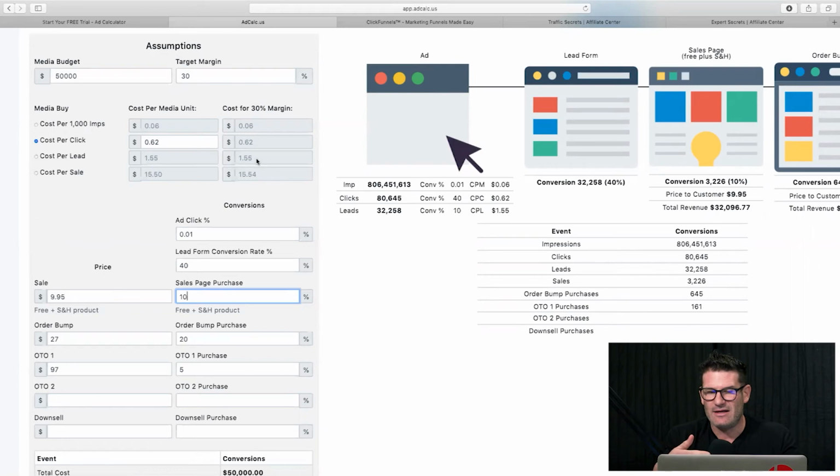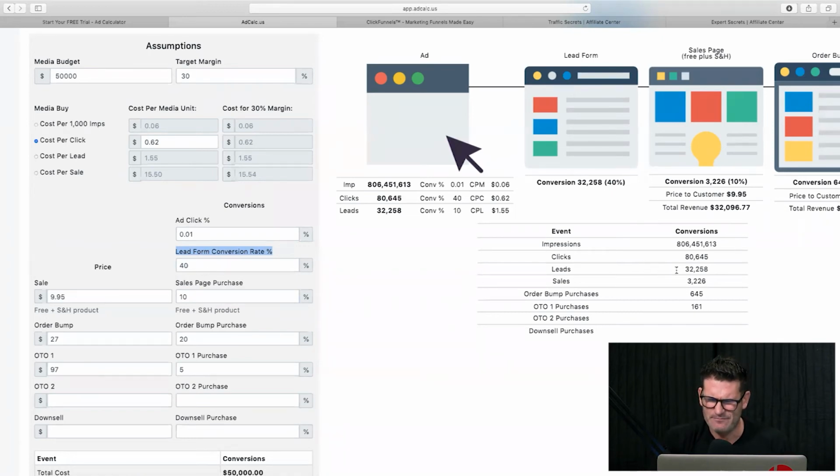And then you need to watch the back end to see how does it convert. You need to watch, all right, what's the conversion rate? Well, on the lead form, it doesn't really matter because you're paying $1.55. So you're not going to pay anything until somebody goes to your form and they fill out that form and they become a lead. Okay?